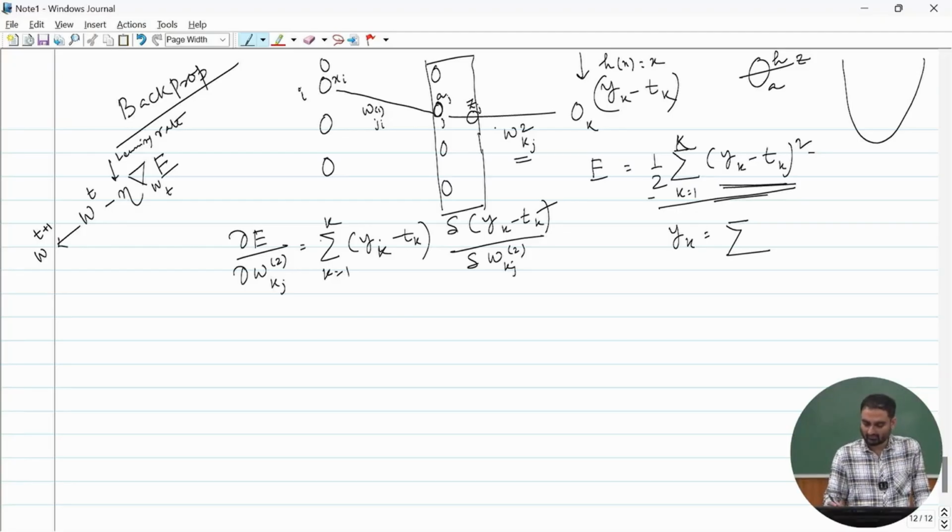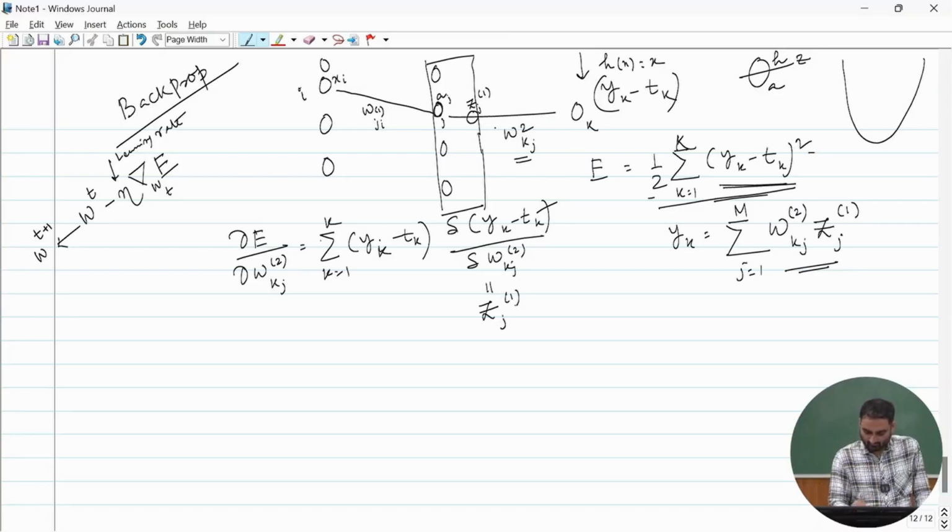So yk is essentially the aggregation, the sum of wkj zj, where j goes from 1 to m, there are m neurons. Now when I'm taking this derivative with respect to wkj2, only that element will contribute, and this is 1. Doesn't matter, there is only one layer, but still it's okay.